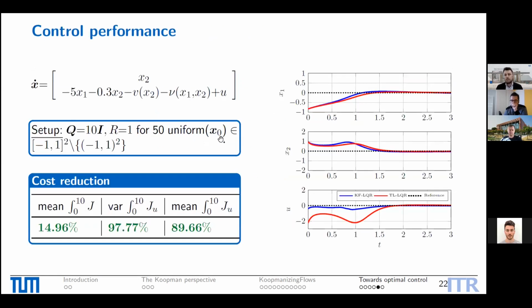Now we look at control performance for an example with much more complicated damping, where we can see much bigger gains in optimal performance. Here we can see what the setup is. We sample uniformly 50 initial conditions from the edges of our state space, and we can see that the overall cost reduction is 15%.